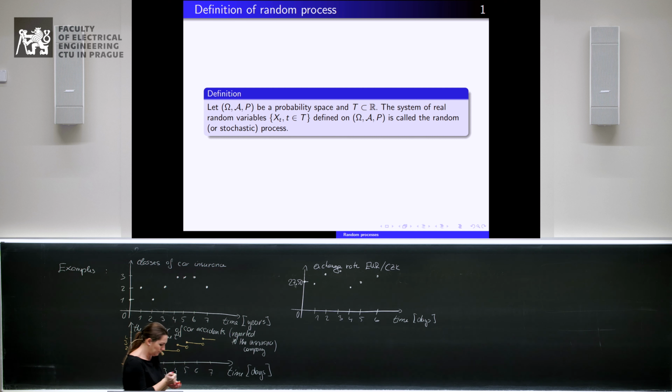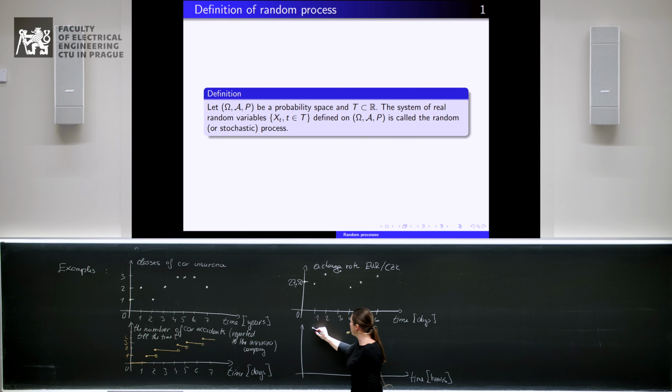Or again, we consider the time, now let's say in hours, and we observe the temperature.